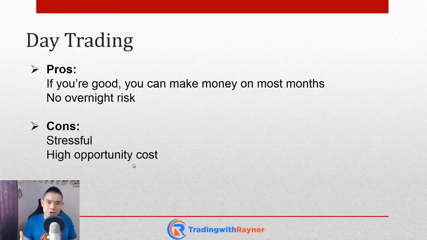And chances are you're working fewer hours, and chances are it's less stressful. So this is the opportunity cost that you have as a day trader, because if you are day trading, you would forego the opportunity of working elsewhere or making an income via some other methods. So don't forget to take into consideration the opportunity cost as well.